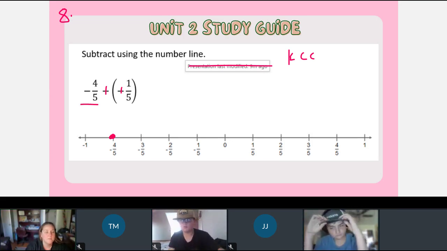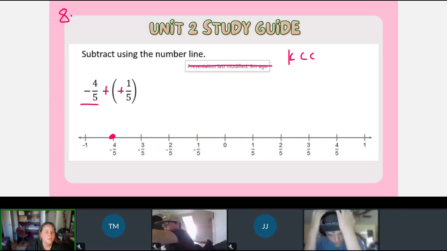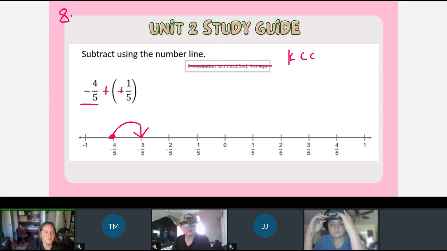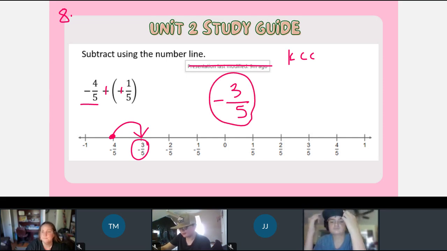That's right here. And then on this one, each tick mark is worth 1/5. So we only need to make one jump here. And we're jumping to the right because we're adding a positive number. So your answer will be negative 3/5.